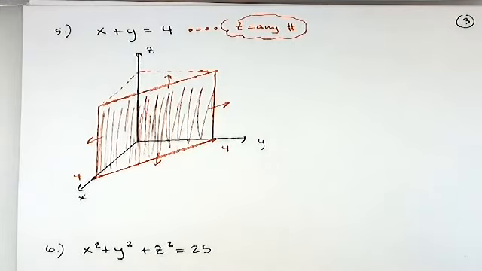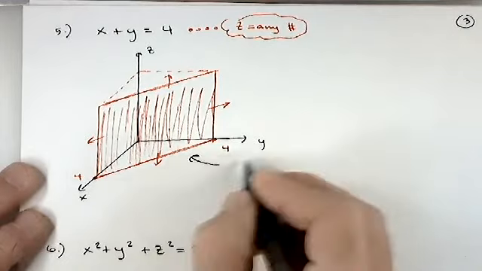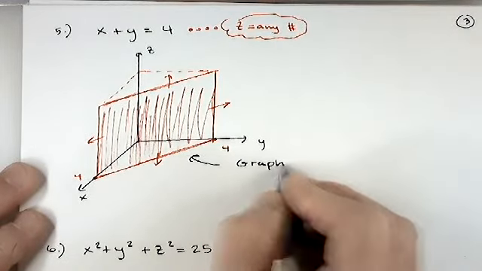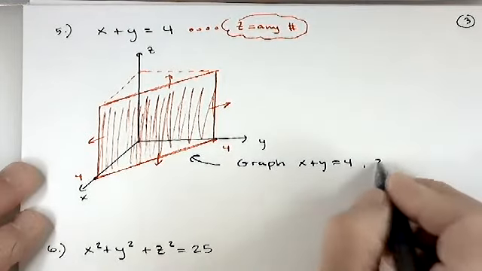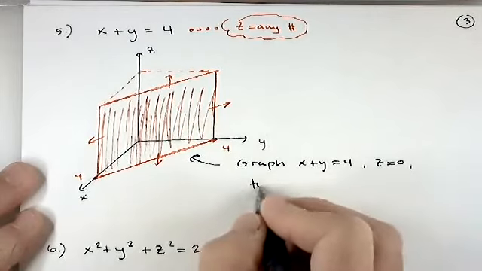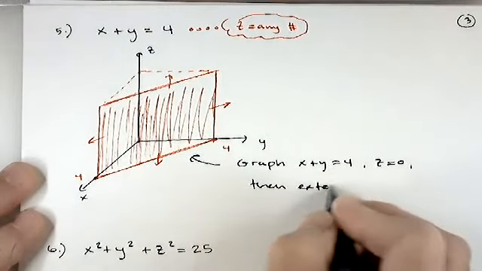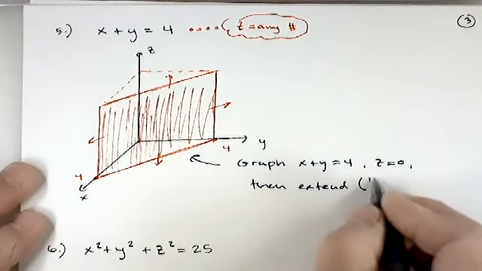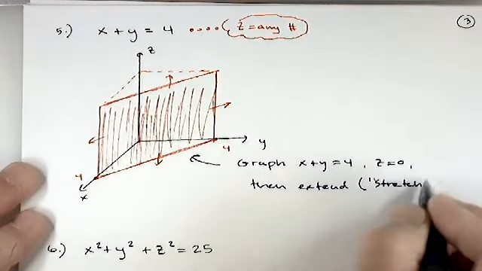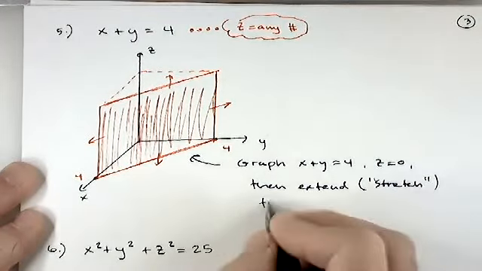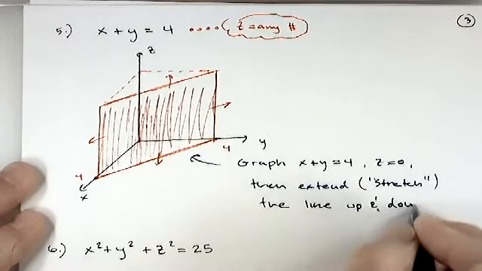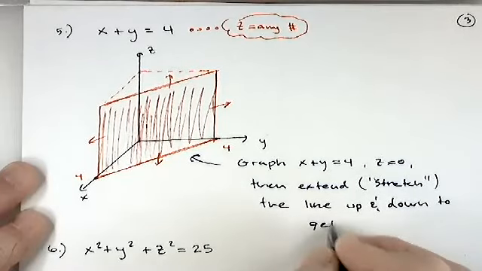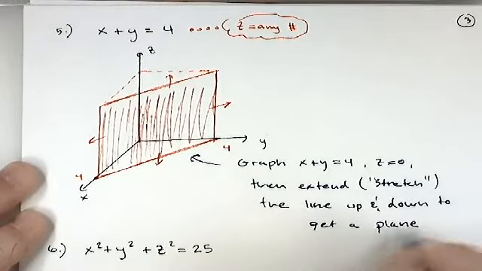So maybe here what I'll put is graph x plus y equals 4, z equals 0, then extend, or sometimes we call it stretch, the line up and down to get a plane.